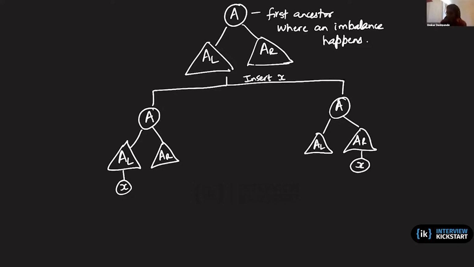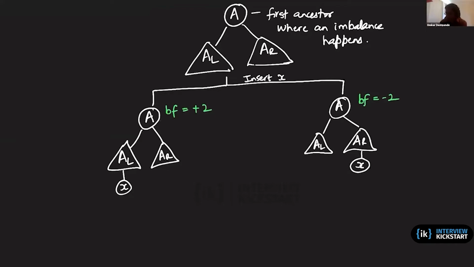Now, why did an imbalance happen? Well, the imbalance happened because adding X made the balance factor for the ancestor violate the requirements of an AVL tree. Here the balance factor must have become 2. Here it must have become -2. That's why the violation happened. And this is the first place where the violation happened.